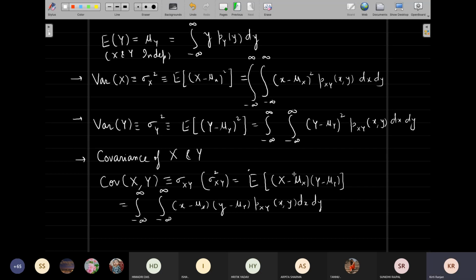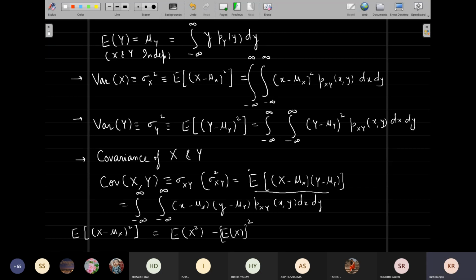Now, first thing, in the case of variance X or variance Y, I hope you remember that this can be written as E of X square minus square of EX. This is what we wrote when we were doing the univariate one.